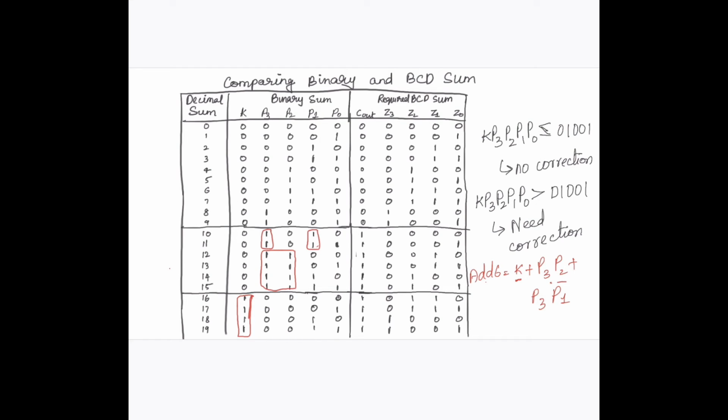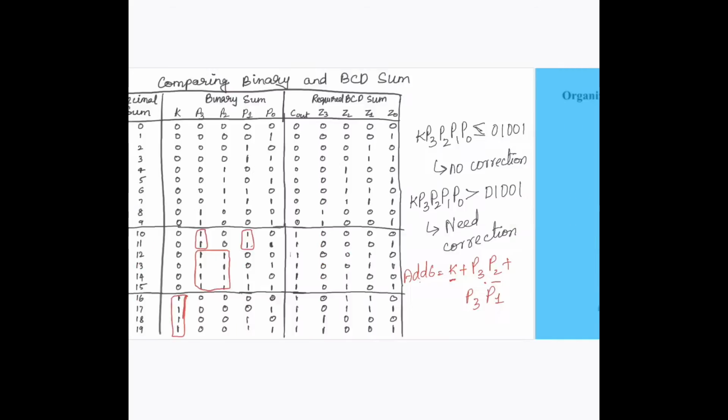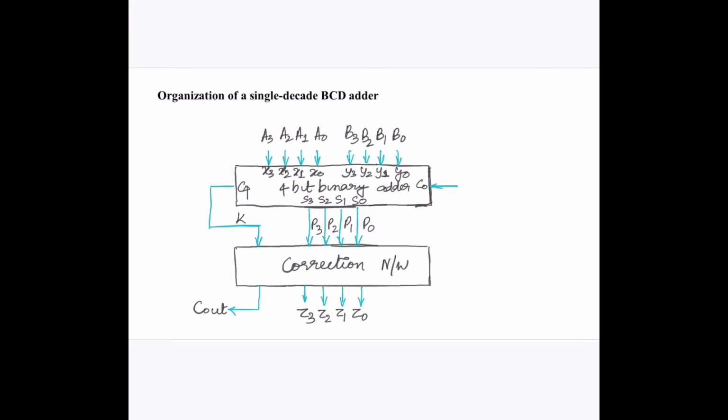So this is the correction equation that is needed to convert the binary sum into the required BCD. Also we can write the same expression using a truth table.